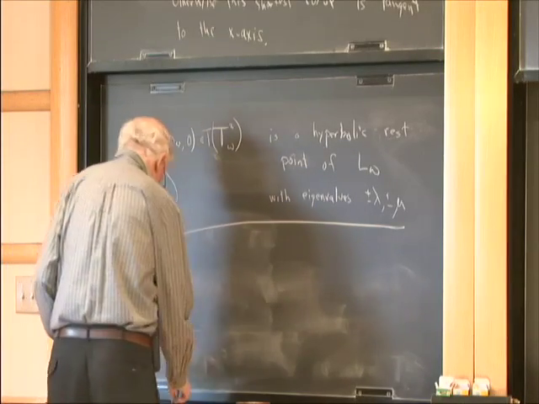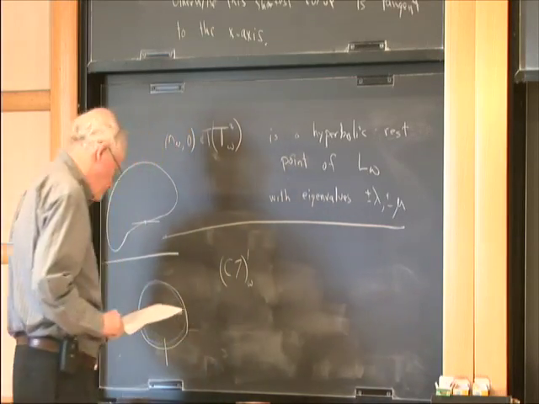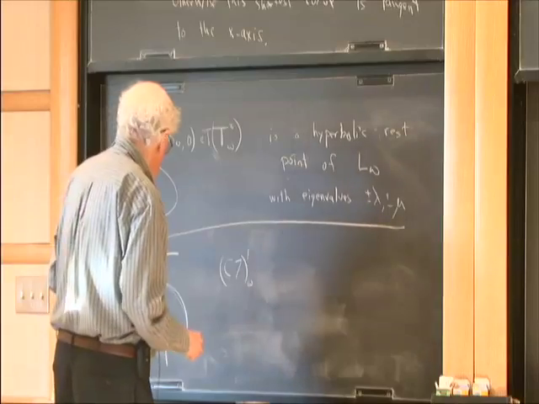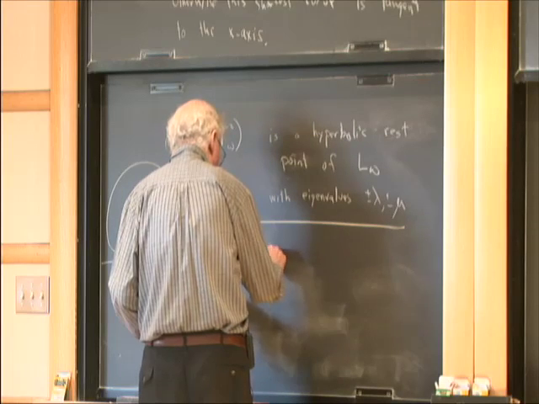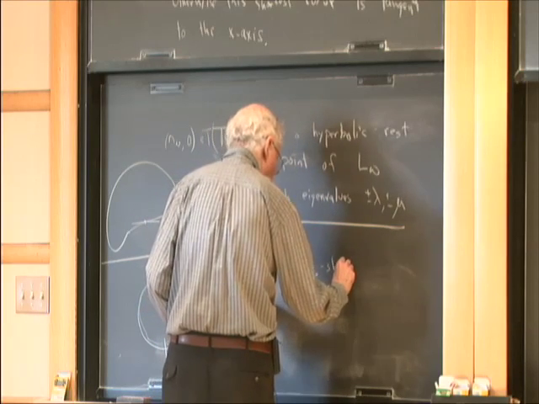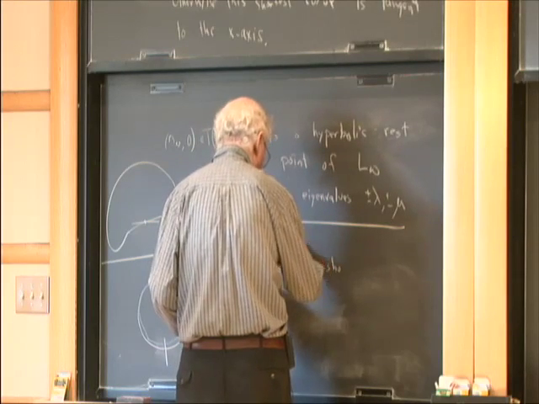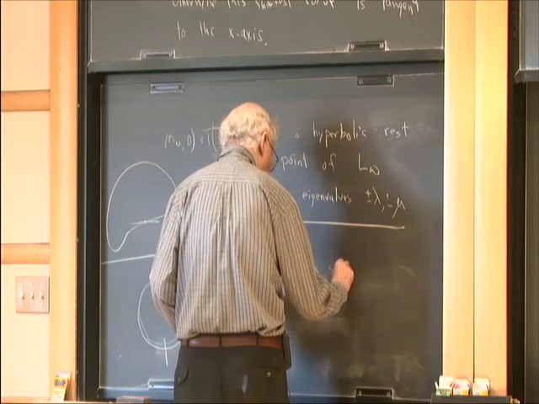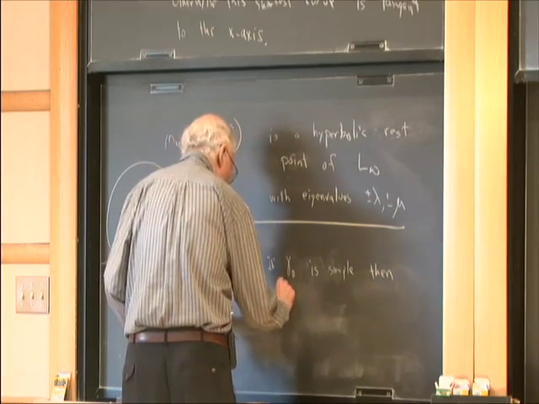So now we can state condition C7 omega prime, which is that if gamma 0, the shortest curve, is simple, then it is non-degenerate in the sense of Morse.